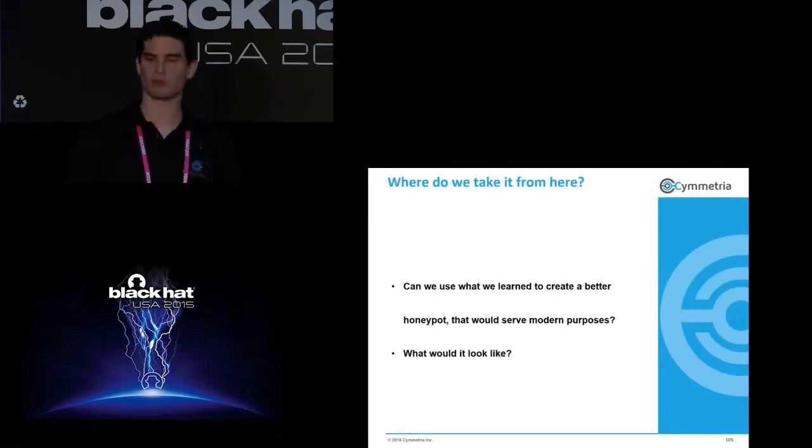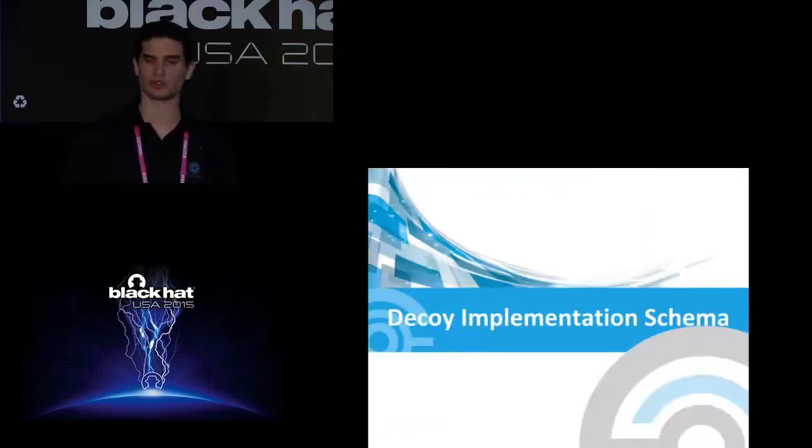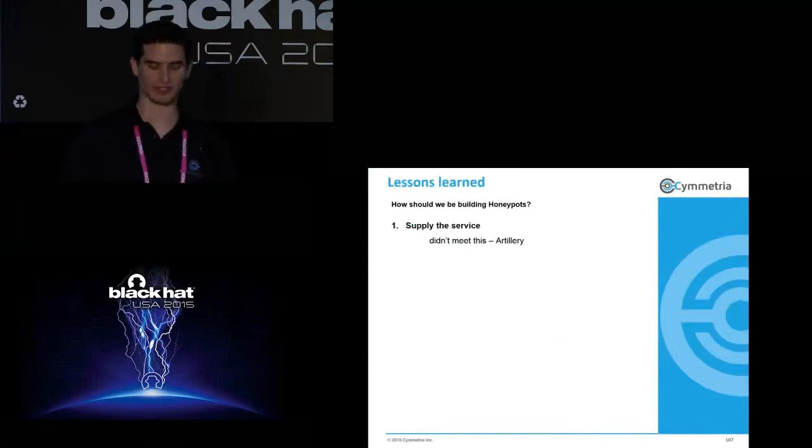So what can we do to make a good deception tool from the lessons we learned from these honeypots, right? Here we sort of figured out a scheme of the prerequisites for making something deceiving to an attacker in a way that you can get enough forensics to mitigate him afterwards. First of all, you have to supply the service, which Artillery, for example, didn't do.